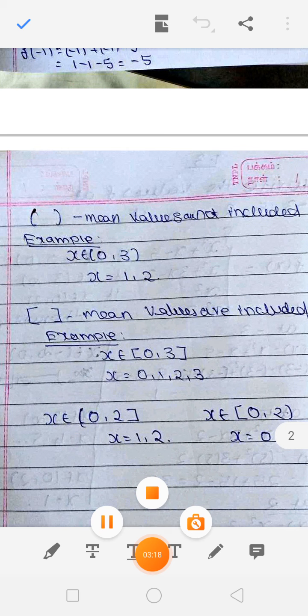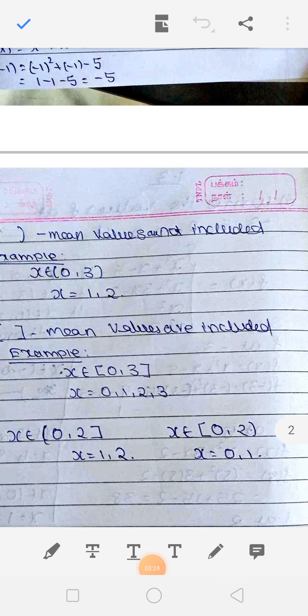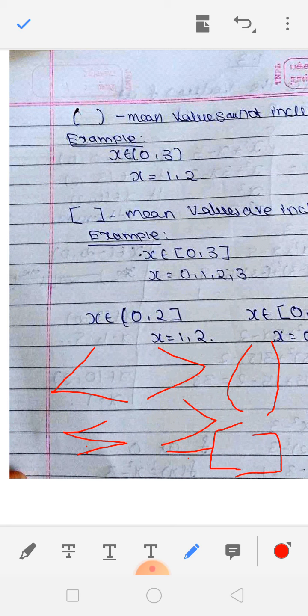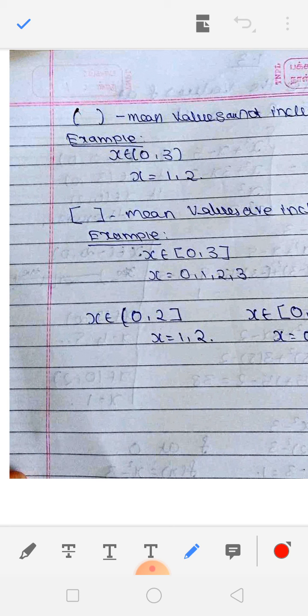And then, we can also say that simple less than means an open bracket. Suppose I put less than and greater than, which also means open bracket. Less than or equal to, greater than or equal to means that value will be added, which means a closed bracket. For example, 2 less than x less than 4: x value is just 3 only, because it is just less than, not less than or equal to.